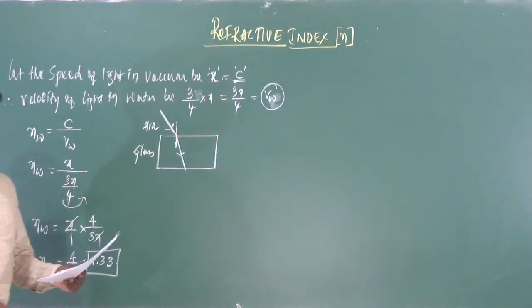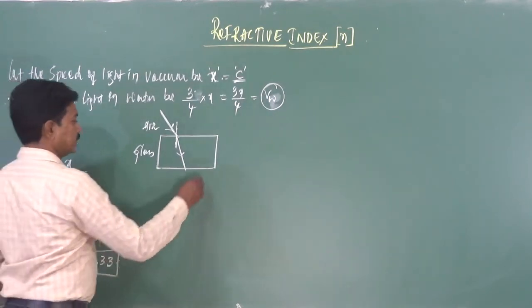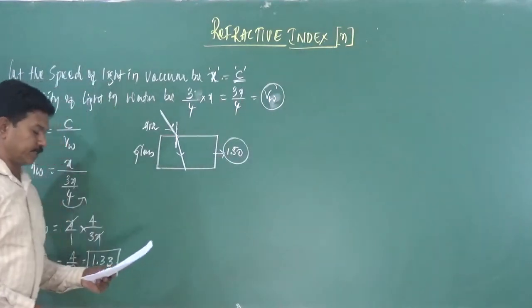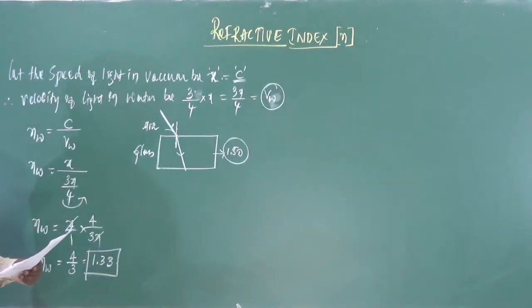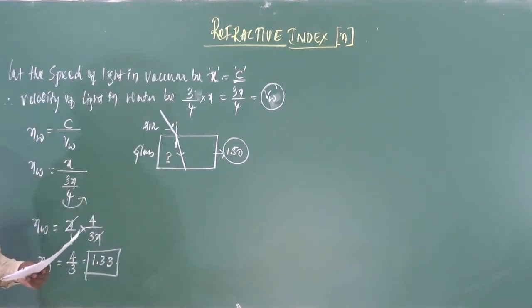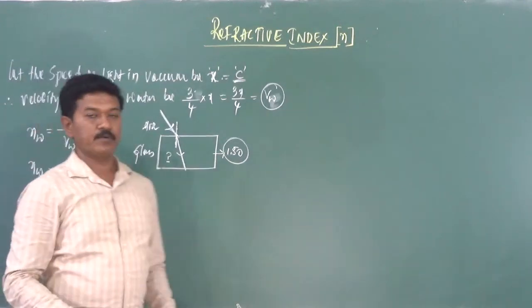Light enters from air to glass with refractive index 1.50. That is, the refractive index of glass is 1.50. He has given it. Find the speed of light in glass, if the speed of light in vacuum is 3 into 10 to the power 8 meter per second. Instead of air, he has given vacuum.